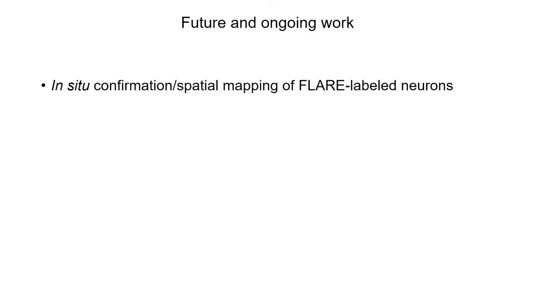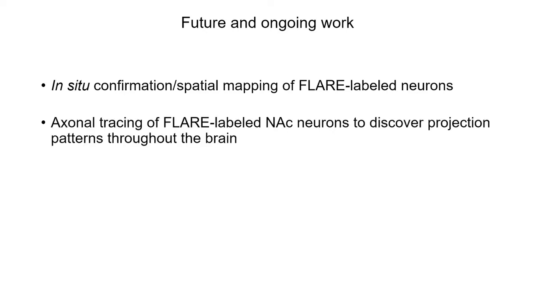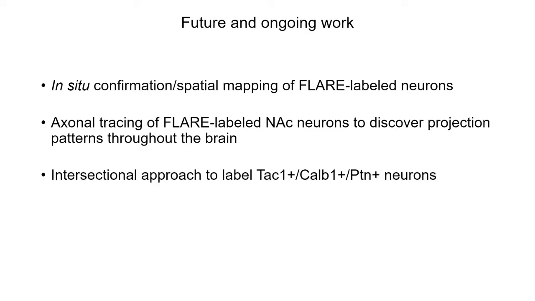Future and ongoing work includes sort of in situ confirmation and spatial mapping of these FLARE-labeled neurons in collaboration with Xiaowei Zhang using MERFISH. I'm very interested in tracing sort of the axonal patterns of these FLARE-labeled neurons throughout the brain.